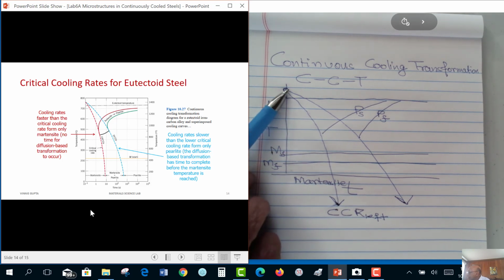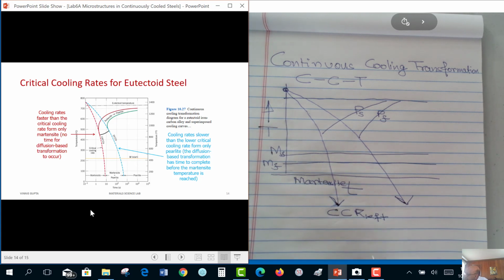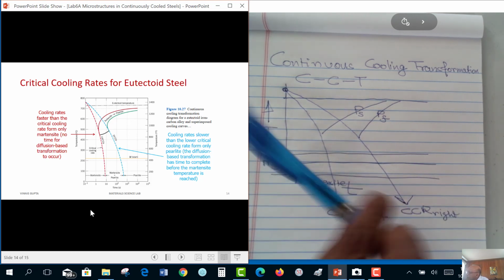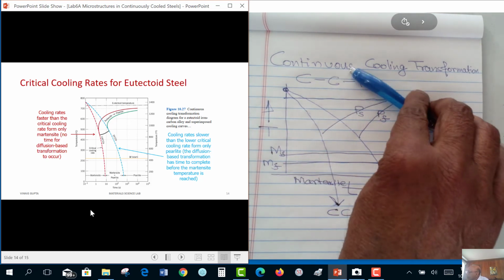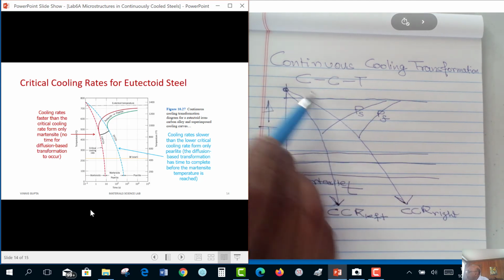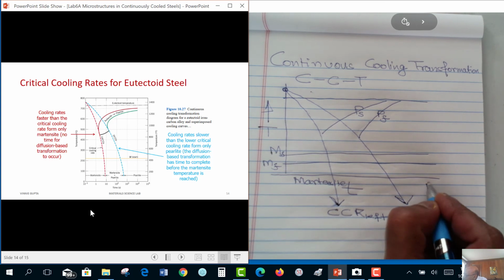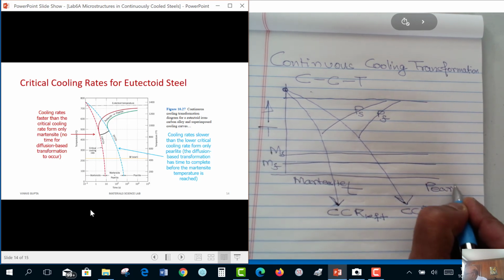We say cooling rate, notice, because temperature is dropping with time. So this we'll call the critical cooling rate. If we cool any slower than this cooling rate, we will always hit pearlite start and pearlite finish, so we will get all pearlite.